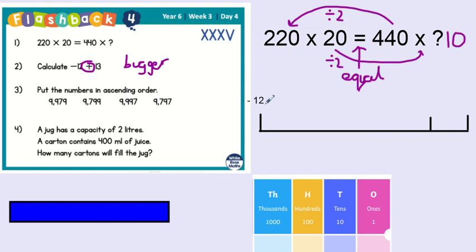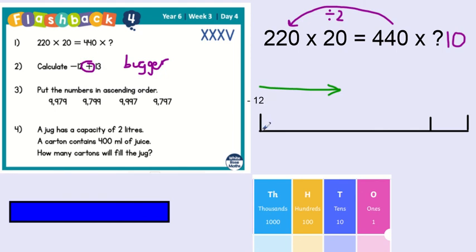So if I've got minus 12 on a number line, I know I've got to move this way. I'm going to use a different colour just so we don't get muddled with the first question. I know I've got to move towards 0, in the direction of 0, because I'm making it bigger. And I've got to move 13 places.